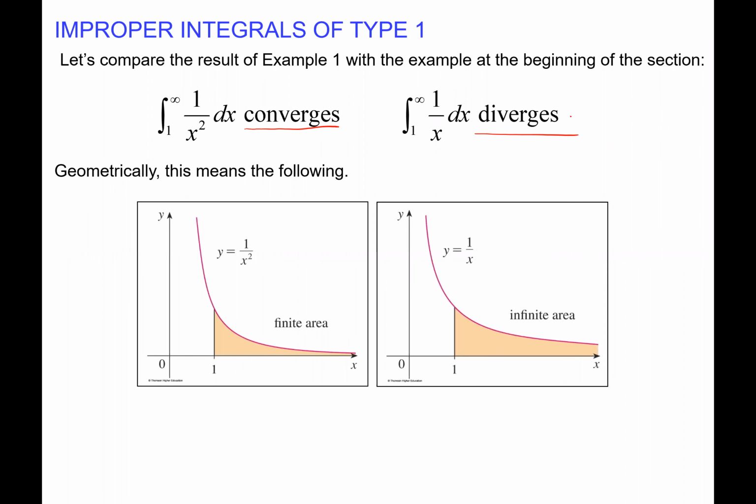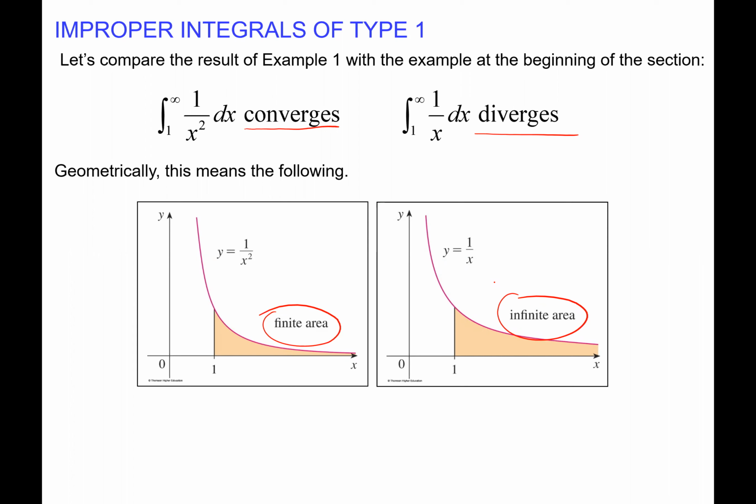Geometrically, we can see it's a small difference. Of course, 1 over x squared is a little bit lower because x squared has greater values than x, and when the denominator is greater, the whole fraction is smaller. That means this one has a finite area, and this one is infinite, divergent.